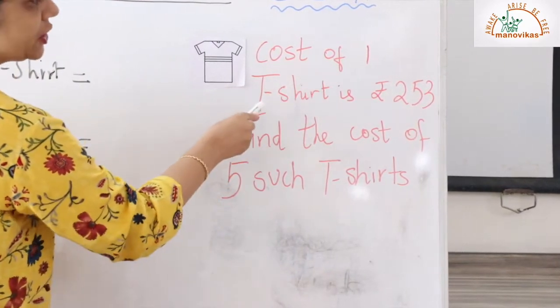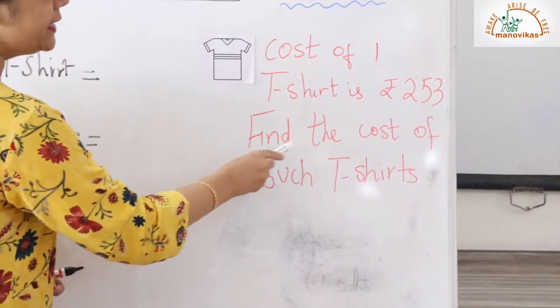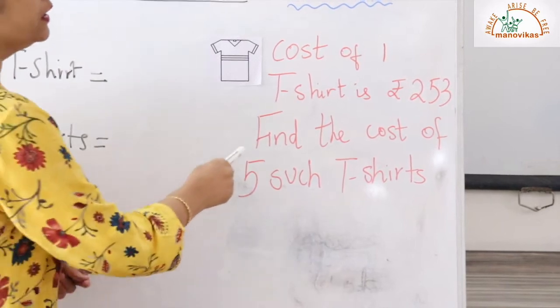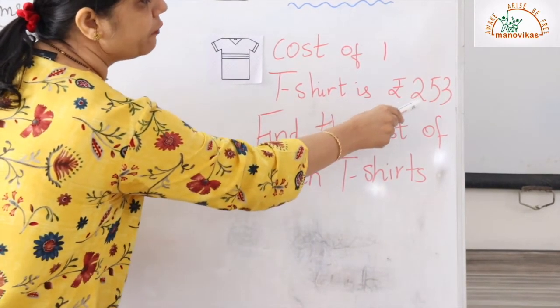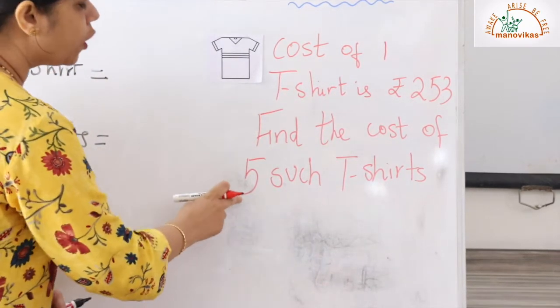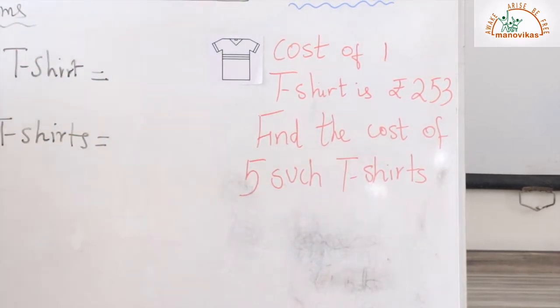Cost of one t-shirt is rupees 253. Find the cost of 5 such t-shirts. Now you are given the cost of one t-shirt, and how much is it? 253 rupees. And you are asked to find the cost of 5 such t-shirts. Now let us begin.